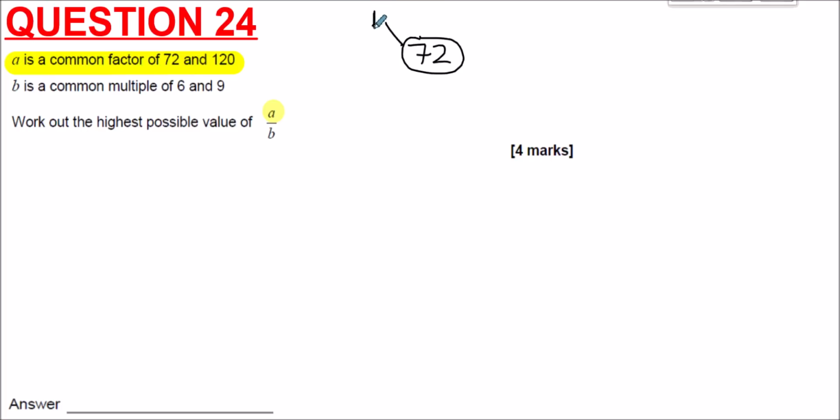Anyway, using a calculator, you should find that 72 divided by 1 is 72. Any number divided by 1 is just itself. We can also divide 72 by 2, which would give us 36. 72 can also be divided by 3. That would give us 24. 72 would also divide by 4, which gives 18.